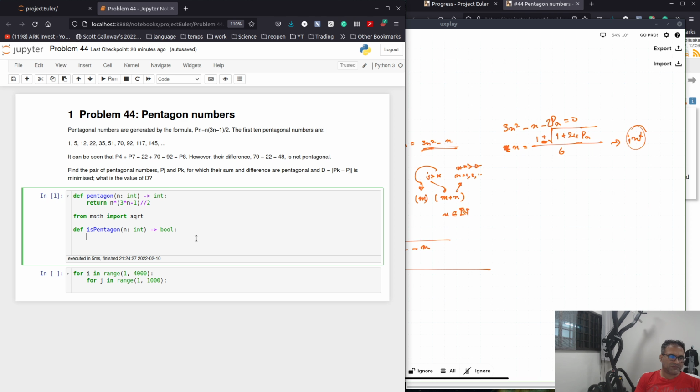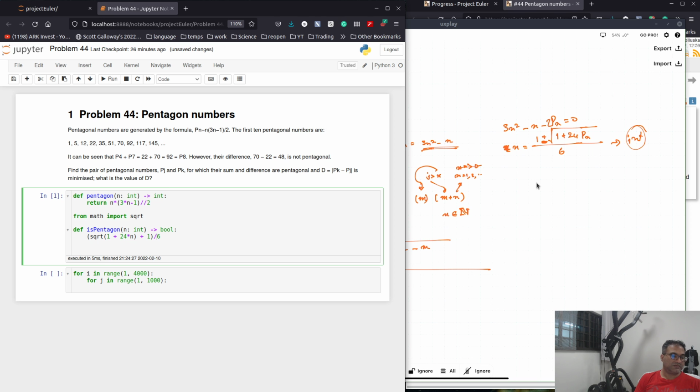Okay, so in is_pentagon, we will compute this thing over here, np.sqrt of 1 plus 24 times n, plus 1, by 6.